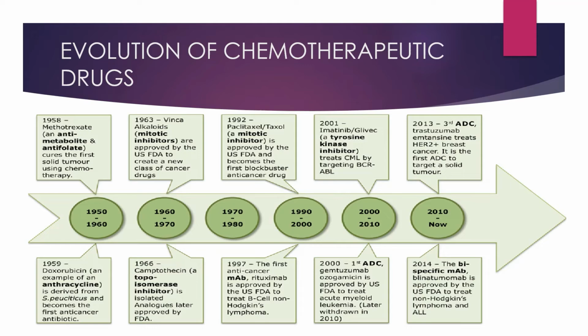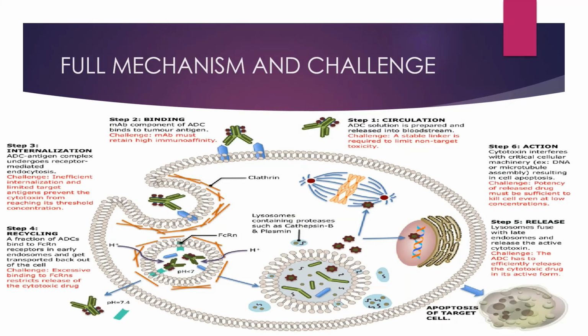And in 2013, the third ADC was approved, trastuzumab emtansine, which treats HER2-positive breast cancer. It is the first ADC to target a solid tumor. That is one of the main points to be noted. So this is the evolution of the chemotherapeutic drugs.